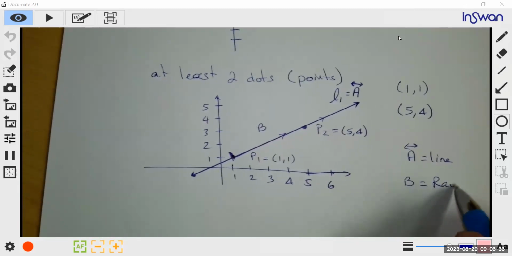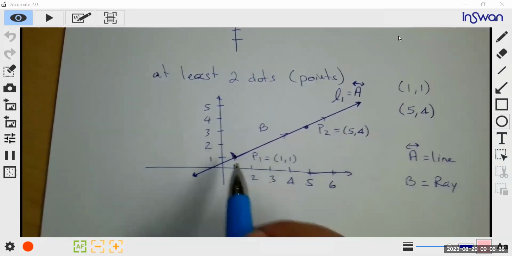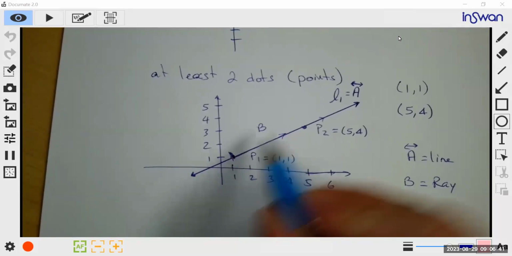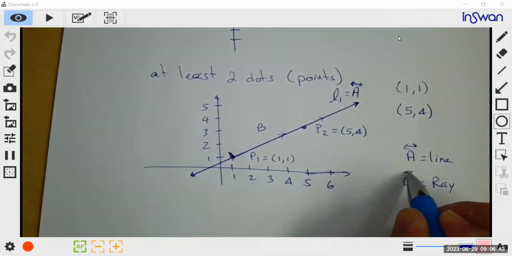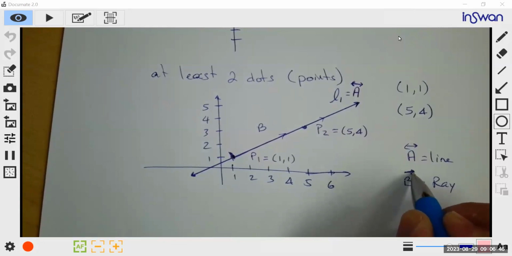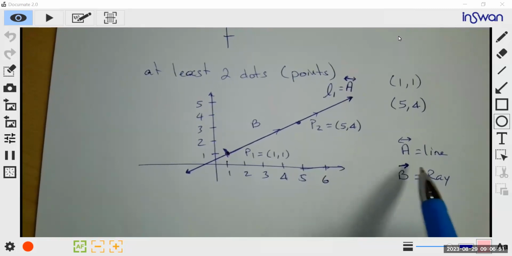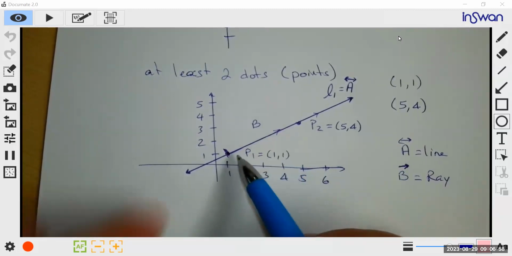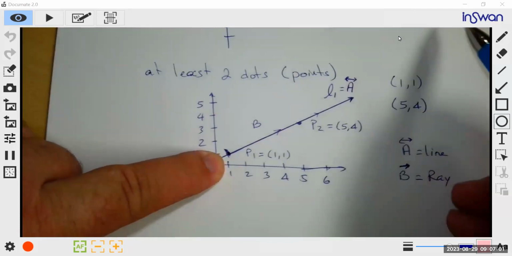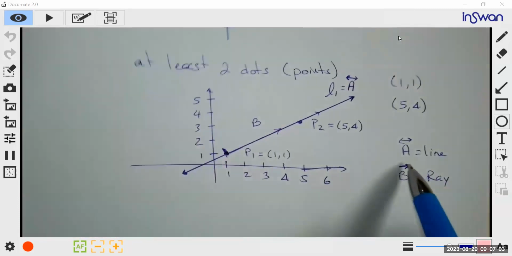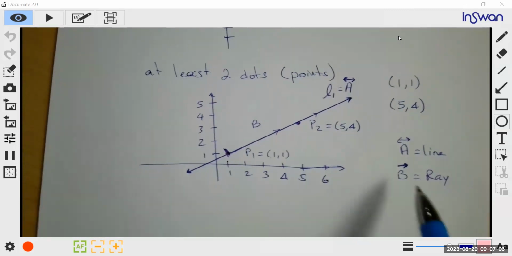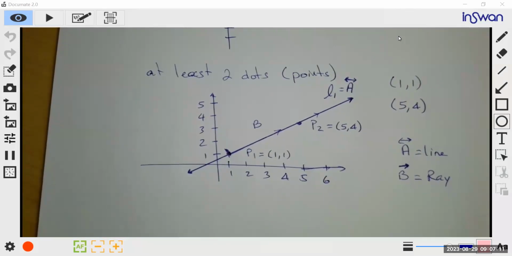A ray. So a ray starts at a point and goes on infinitely, and with a ray we only have an arrow on one side. Since the ray B is going from here to the right, it points to the right. If it was going from this point down, we'd have it point the other direction. So the way you're pointing on top of that letter tells you the direction that ray is going.